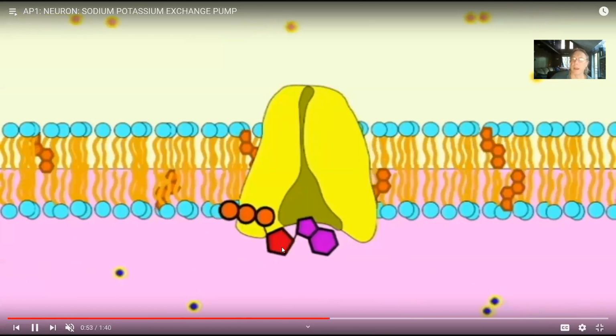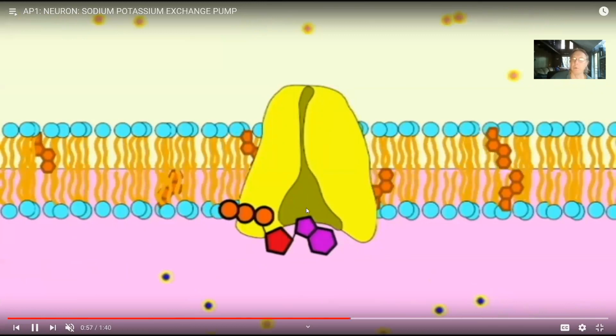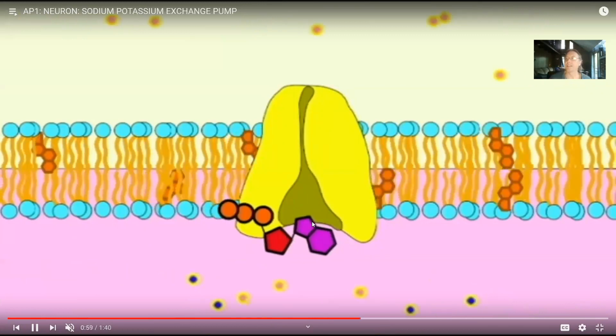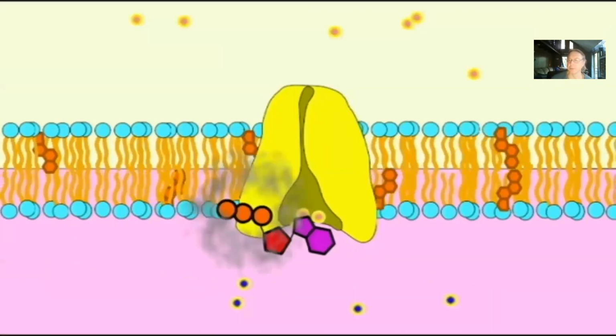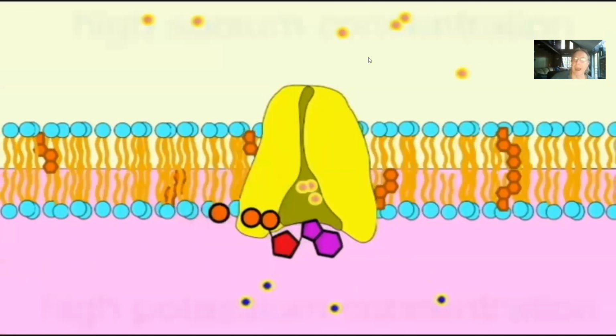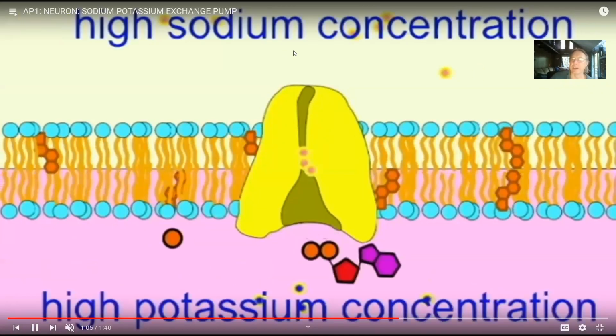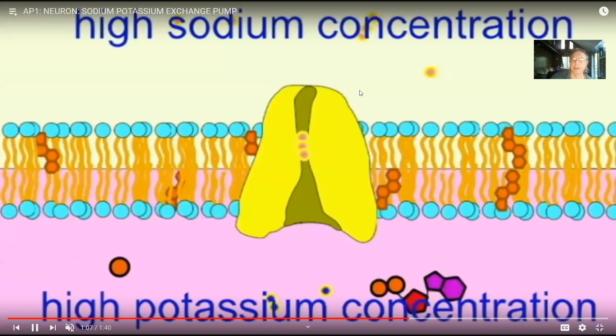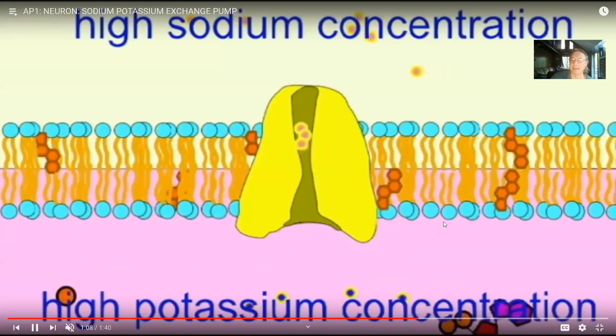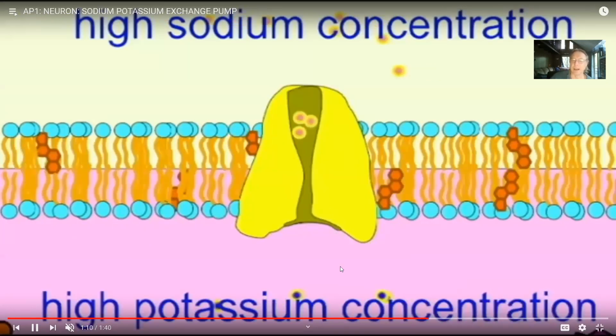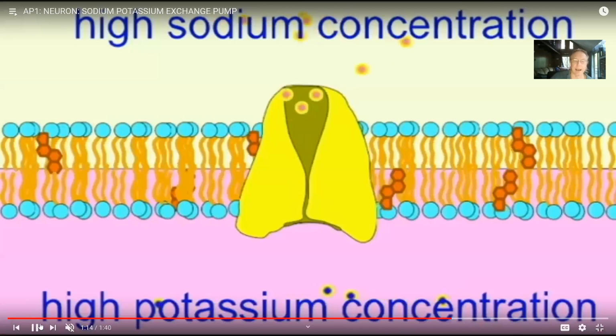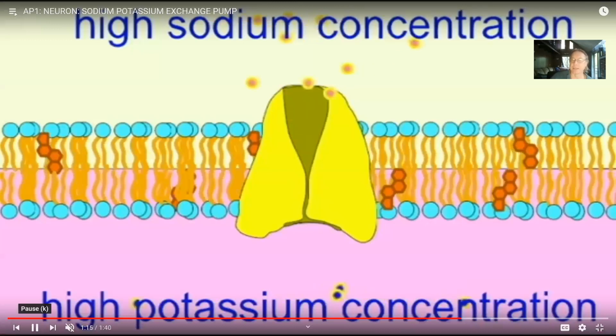And then more ATP will bind and more sodium ions will get pumped out. And so this pump runs continually, pumping sodium out of the cell so that the outside of the cell has a high sodium concentration, and pumping potassium inside the cell so that inside the cell has a high potassium concentration.